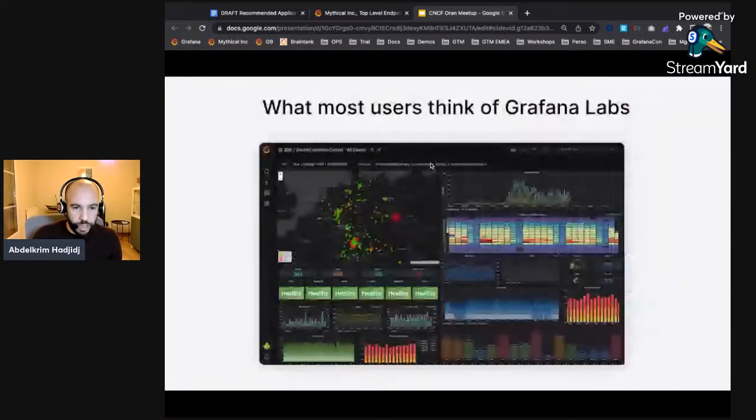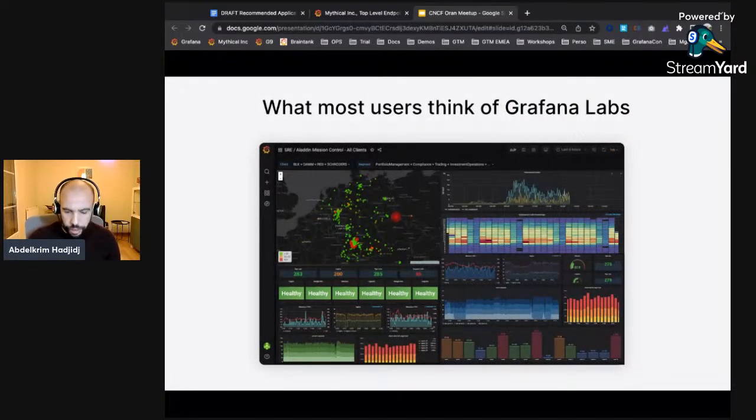Before kicking off the presentation and going into details, I hope the majority of you know the Grafana UI. It's a really famous open source tool used by SREs, site reliability engineers, and also developers to monitor their systems. Grafana is really well known for a large number of connectors.